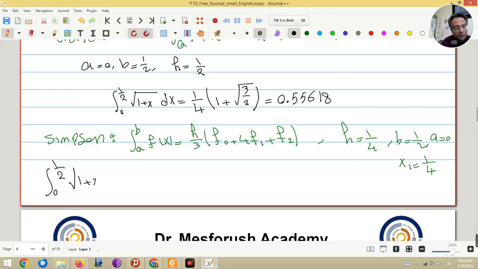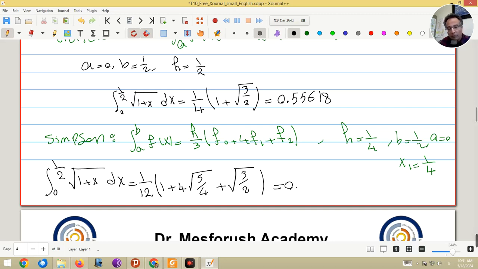Okay, so let me continue to compute the integral from 0 to half of square root of 1 plus x dx, which is equal to h, 1 over 4, over 3, which is 1 over 12, times f0: put 0 here, it's 1. Put 1 over 4 here, 4 times square root of 5 over 4, and plus put half here, square root of 3 over 2.